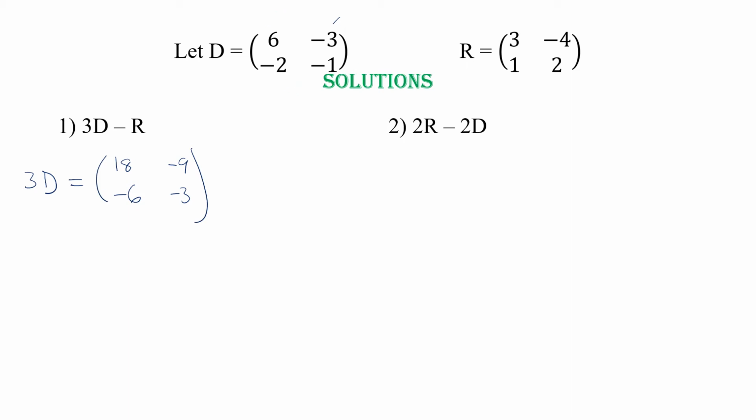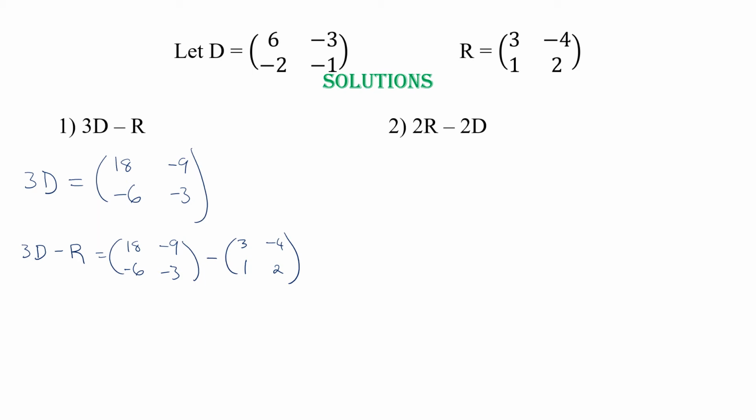And they want us to take away that from R. So we're doing 3D minus R. That will be equal to 18, negative 6, negative 9, negative 3, and we're taking away 3, 1, negative 4, and 2. We don't interfere with matrix R because they left it just like that.